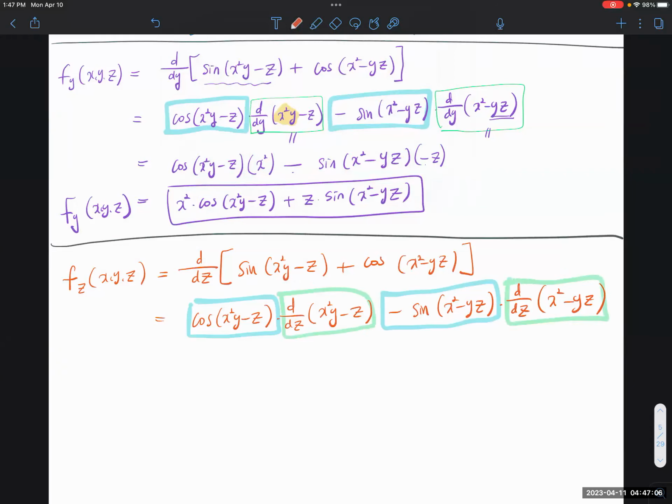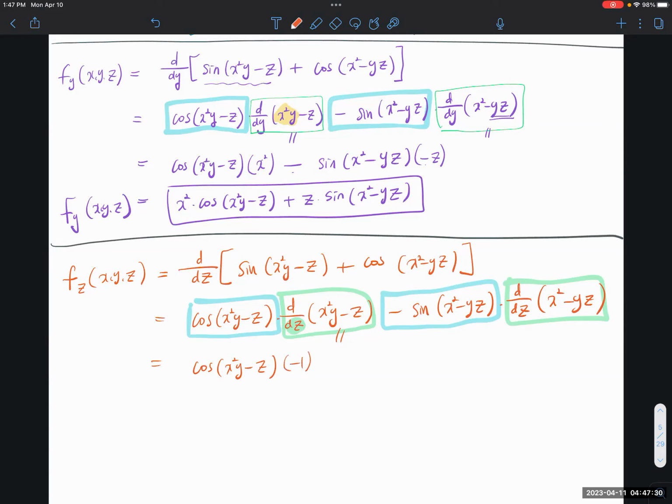All right. So what happened? Cosine x sec y minus z. Somebody can tell me what you say. You are taking differentiation with z this time. So x sec y will be what? That's a constant, it will be 0. So we have only negative z, that's going to be -1.